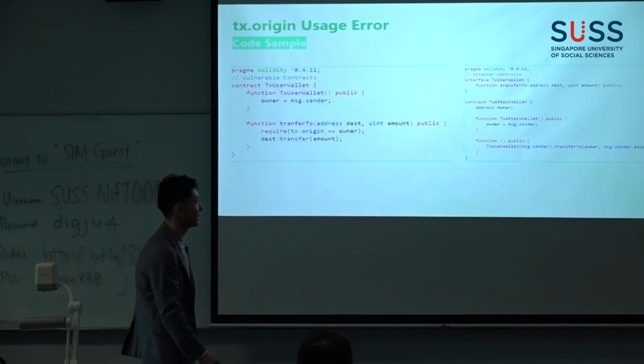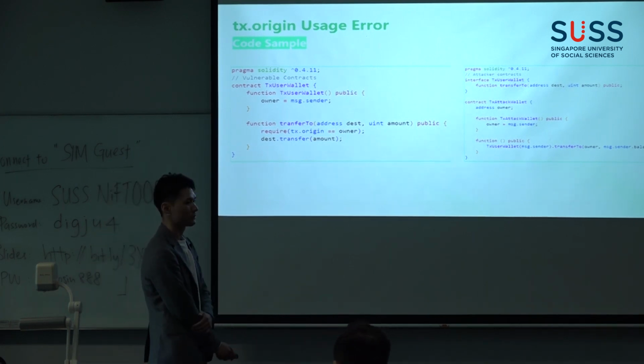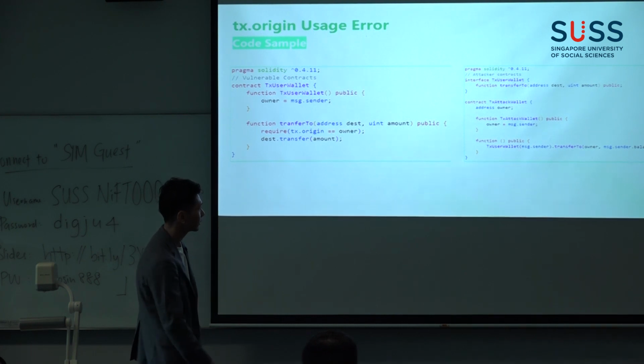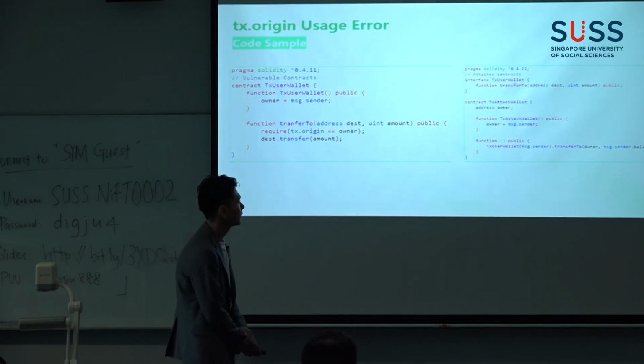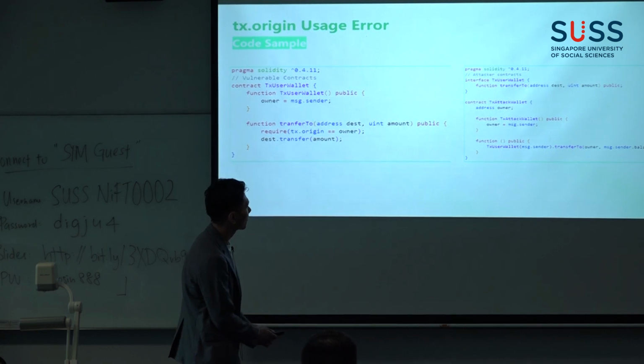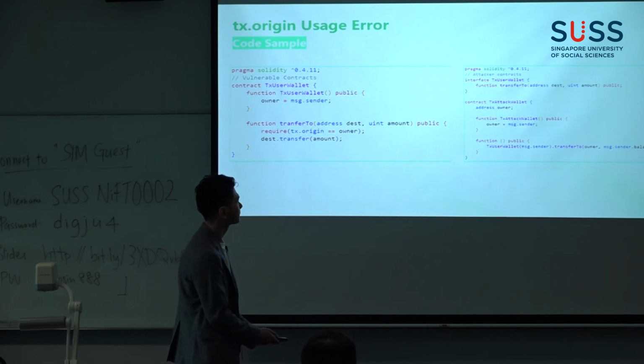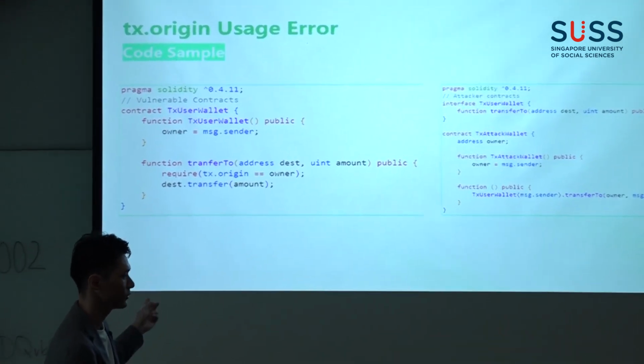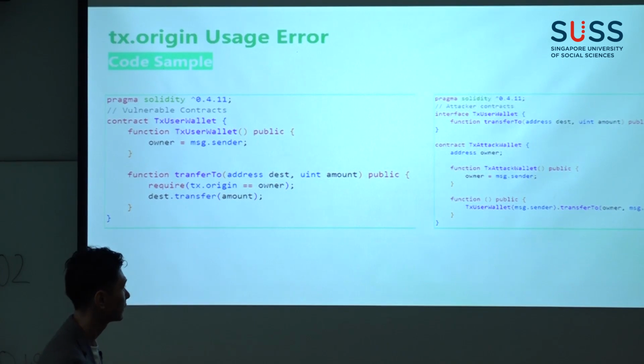On the right-hand side is a malicious contract made by an attacker who wants to perform phishing attacks on users. The attacker's contract name is TX attack wallet, and it has the address owner. In the function, the owner will be set to message.sender, which is probably some innocent user that was phished into interacting with his contract.